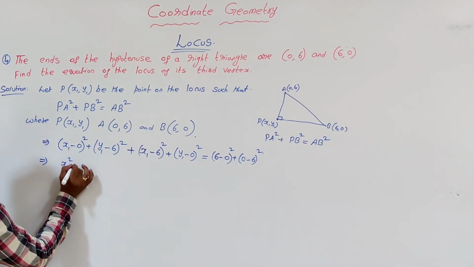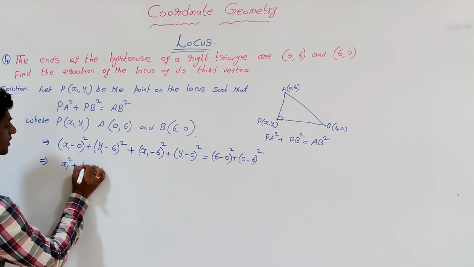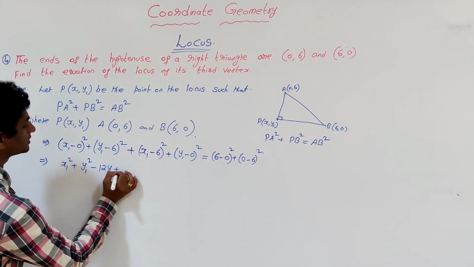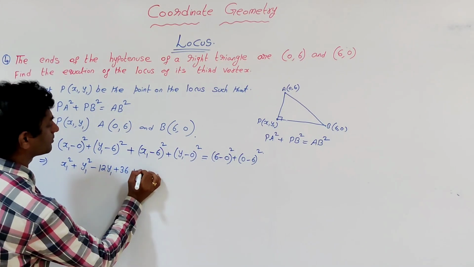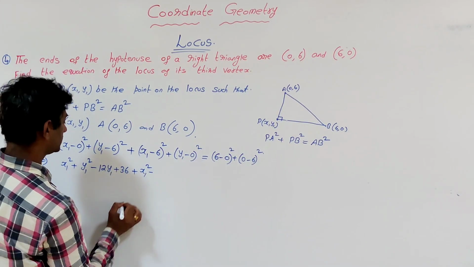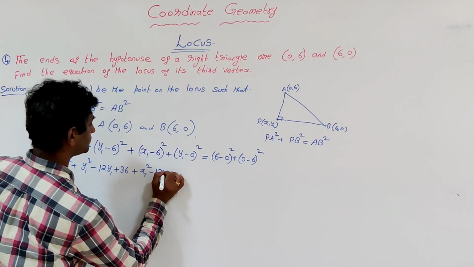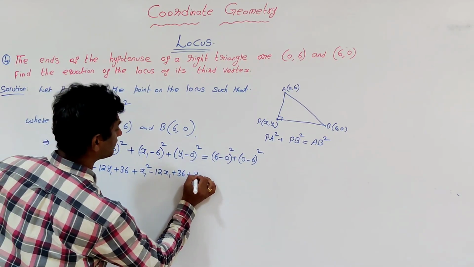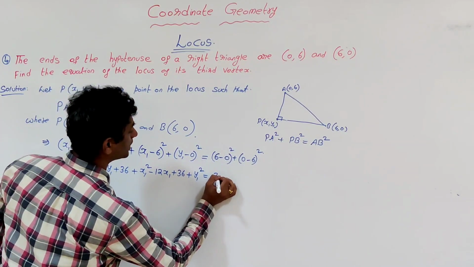x1 square plus (y1 minus 6) whole square: y1 square minus 12y1 plus 36, plus x1 square minus 12x1 plus 36 plus y1 square is equal to 36 plus 36.